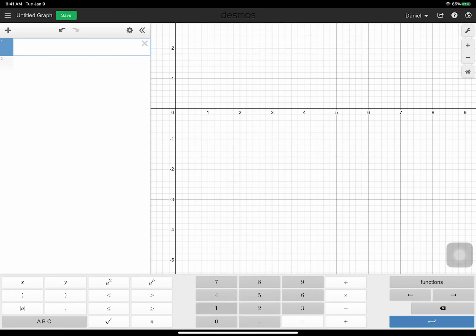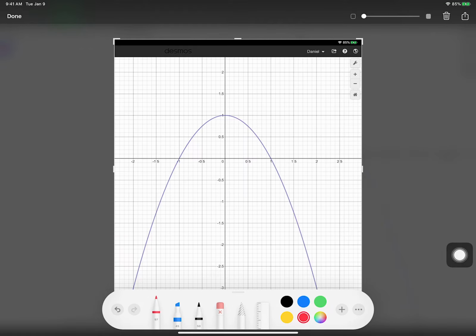And let's see if we can remember here what's going on. So we take this curve, take more screenshot. Right, we want to be able to write on this. Okay, so remember, we're going to rotate about the y-axis.